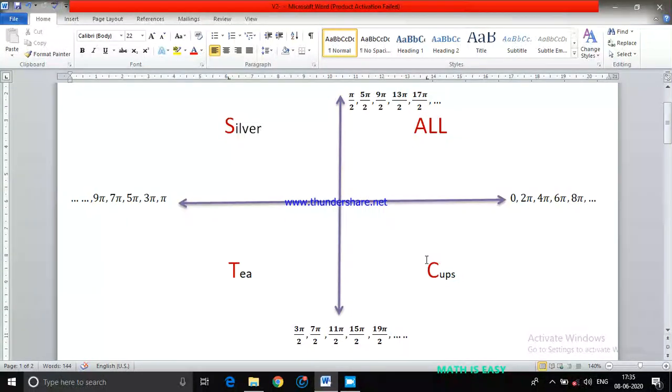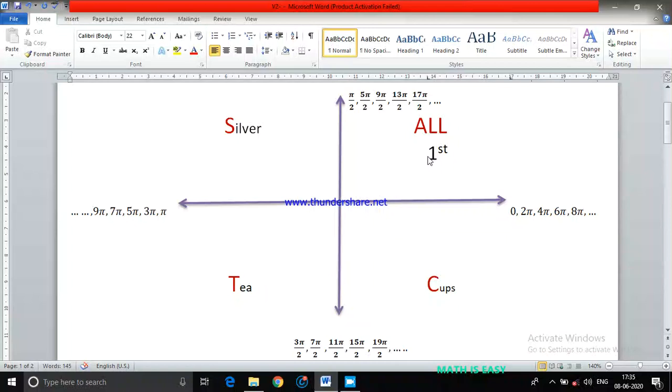So if I take cosec and sec, they are positive in the first quadrant and fourth quadrant. This is the first quadrant and this is the fourth quadrant, and they will be negative in the second quadrant as well as the third quadrant. If you want, you can mention here first quadrant.